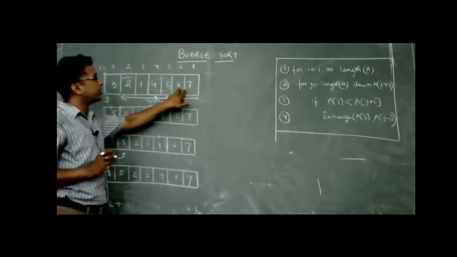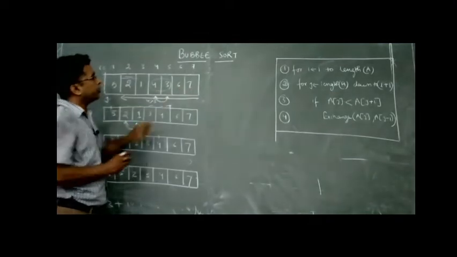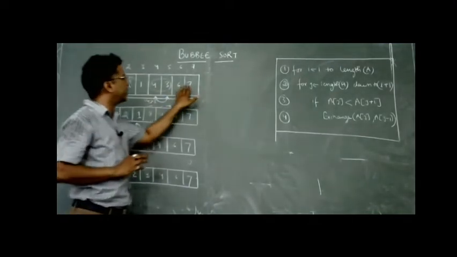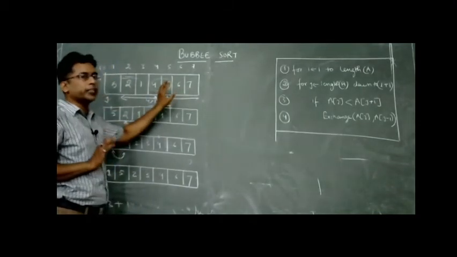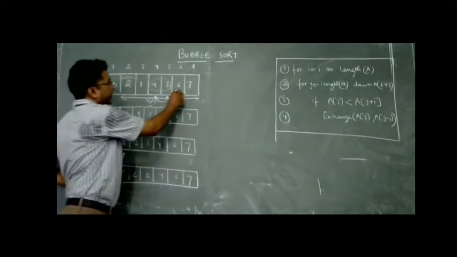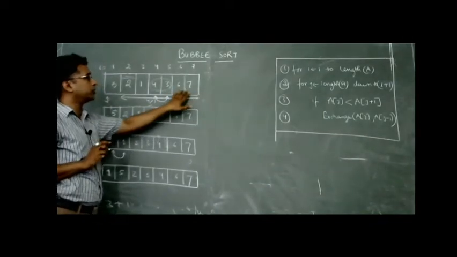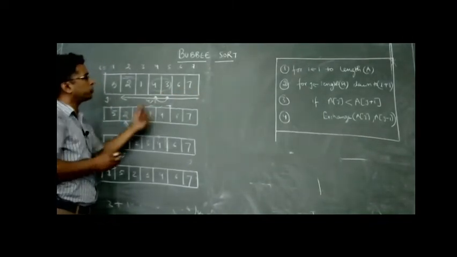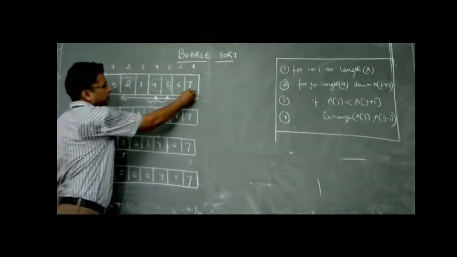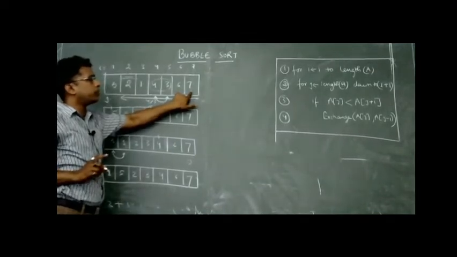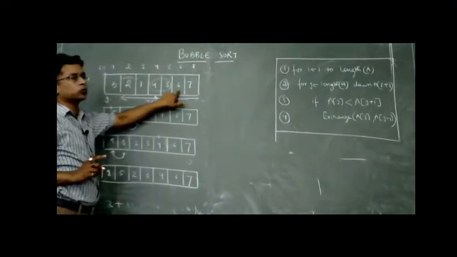If this condition is satisfied, then there is no problem. But if the condition is not satisfied, then we perform swapping. So we shall compare 7 with 6. The condition is satisfied because a7 is greater than a6. So no problem.